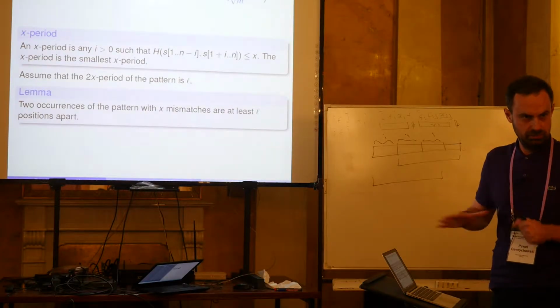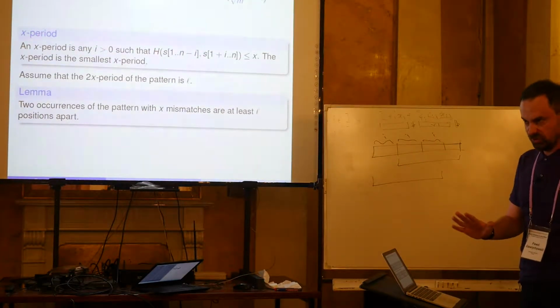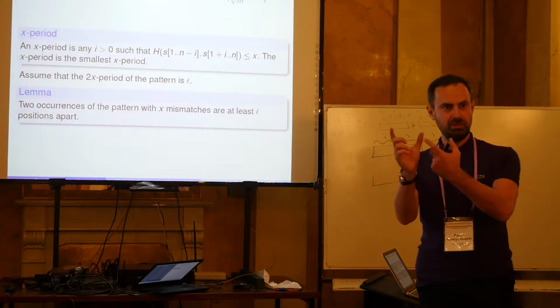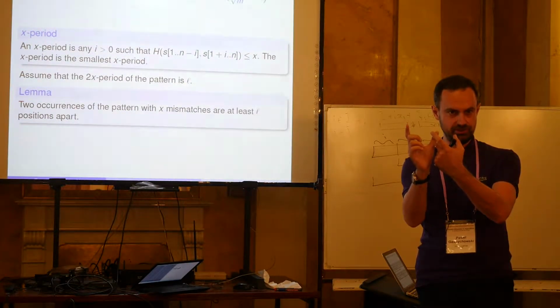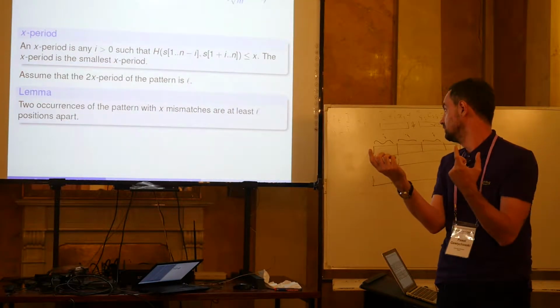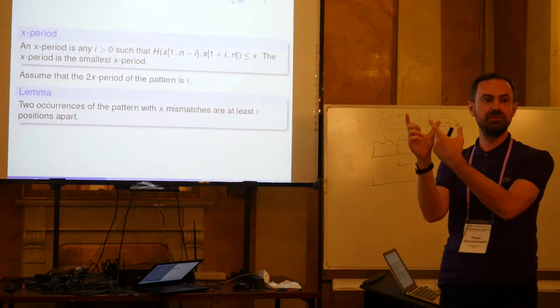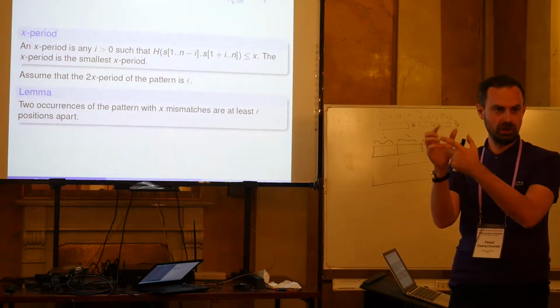Okay, so that's the formulation, and it's good to think about the exact version with no mismatches. If I have two occurrences of the pattern in the text with no mismatches, and the difference in the starting positions is z, then it means that z is a period of the pattern. Do you see that?